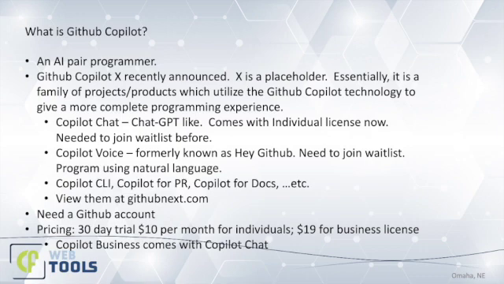And the business license comes with some enterprise-level benefits which are not available for the individual license. For example, in the business license, you have the option of whether Copilot would return results that are found in the public repo.